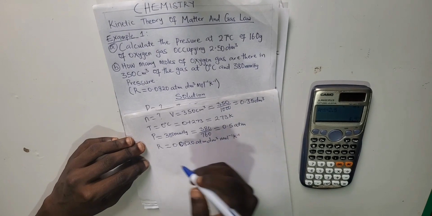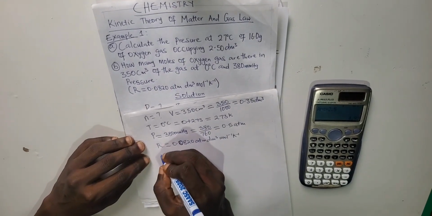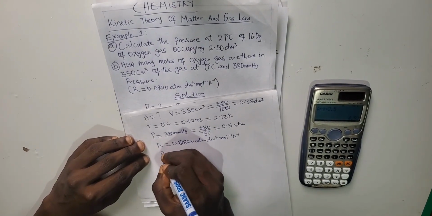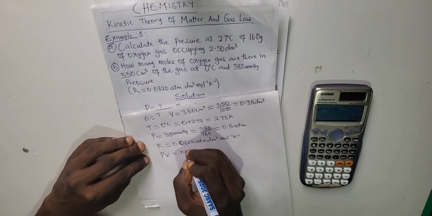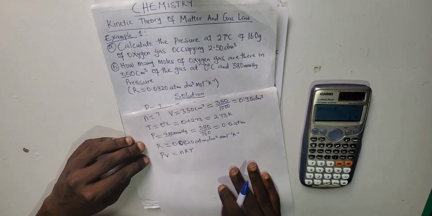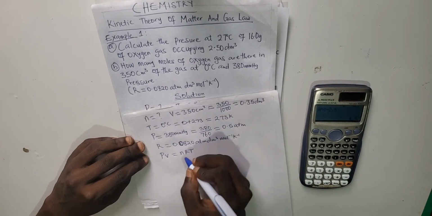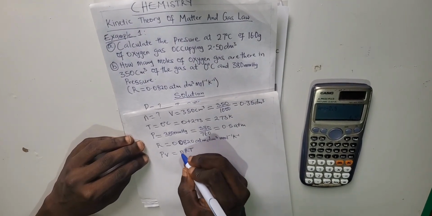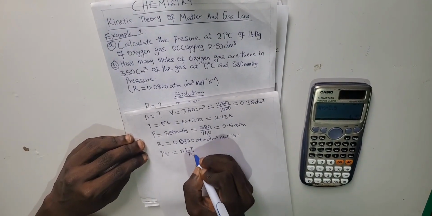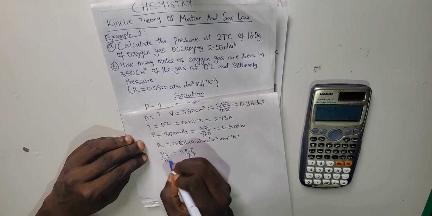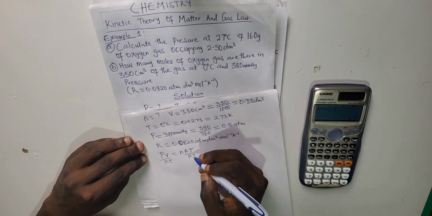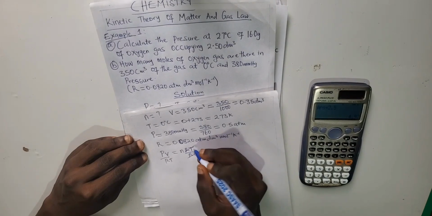All right, let's solve. From our ideal gas, PV equals nRT. This is what we are calculating, mole. So to make mole the subject of the formula, I will divide by RT. Divide by RT here, we cancel RT.